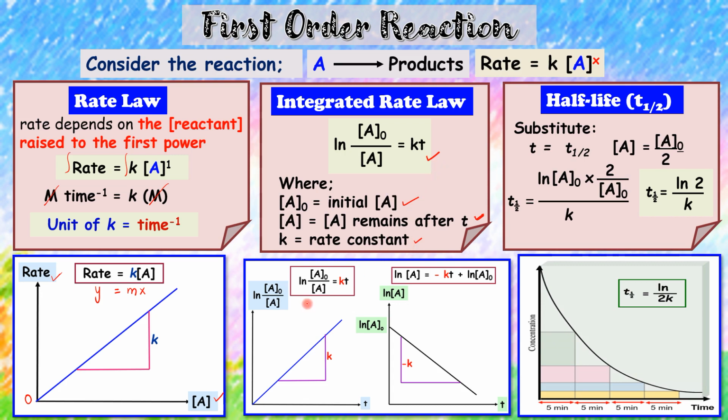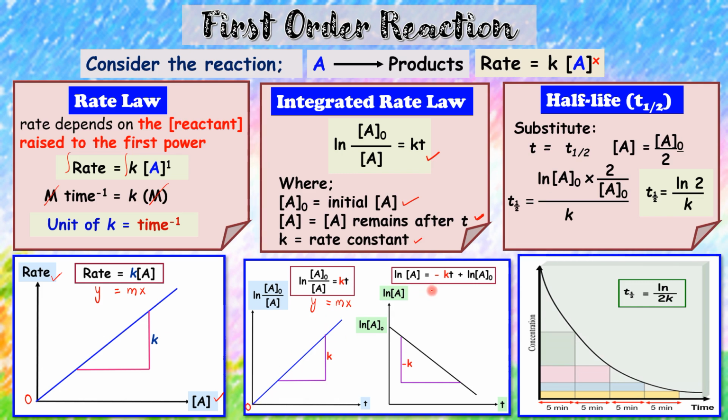The first graph: if we plot ln of concentration A naught over concentration A versus time, ln A naught over A is the y-axis, K is the m, and time t is the x. So this graph is y equals mx, and that's why we get a linear graph starting from the origin.